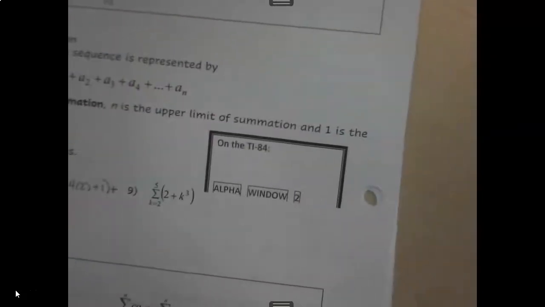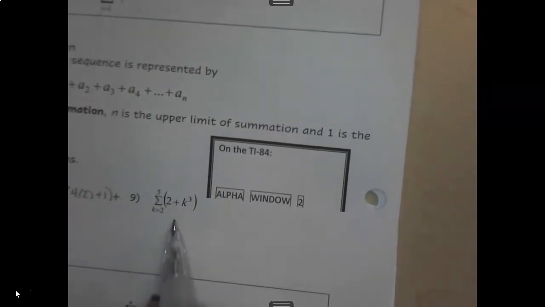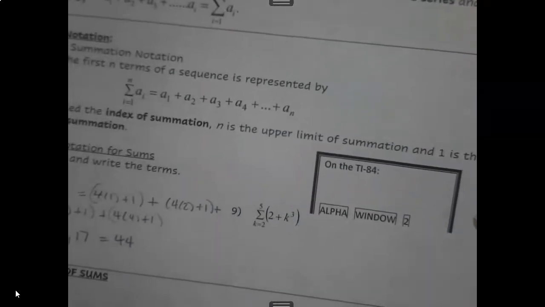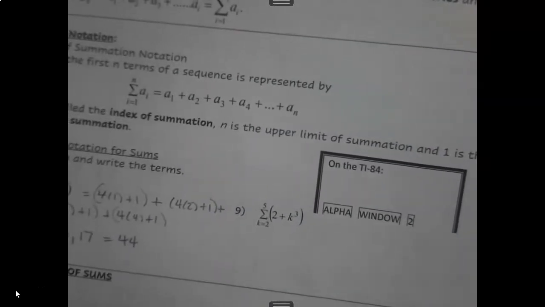When you come over here and you substitute, this is also fairly simple to do without a calculator.